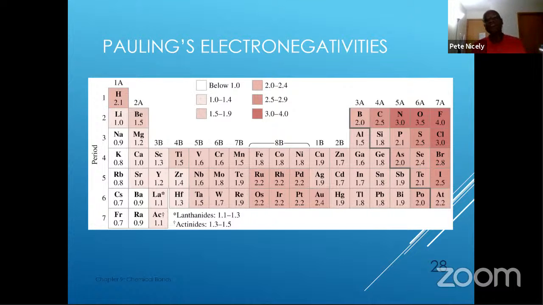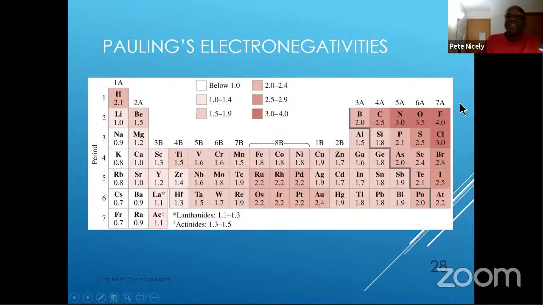And as I said before, as you go from left to right of any period, the electronegativity increases. So metals typically have relatively low electronegativity values. Typically the values would be less than 2, and then 2 and above would be either metalloids or non-metals, all right?